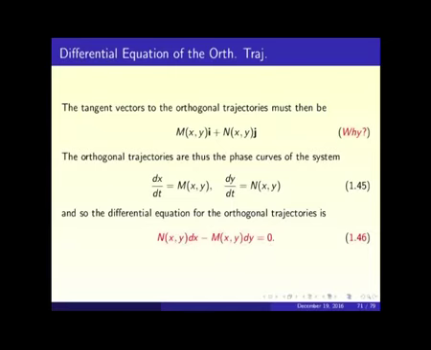So the orthogonal trajectories are phase curves of this system dx/dt equal to M and dy/dt equal to N. So the differential equation for the orthogonal trajectories is N dx minus M dy equal to 0.